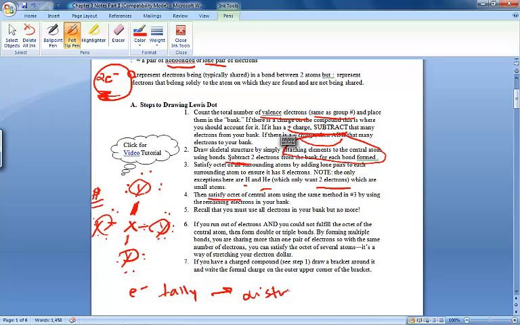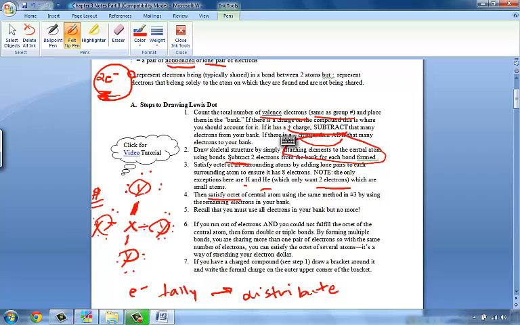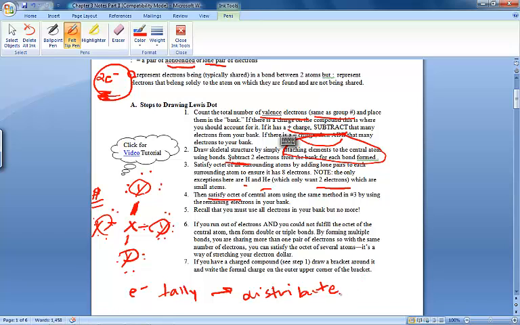First, you will distribute it to your surrounding atoms, then to your central atom. And the whole purpose here is to form an octet. Distribute to 8 electrons.